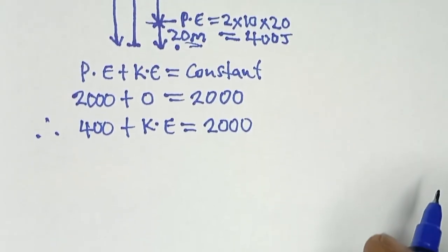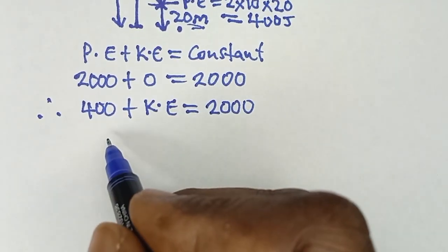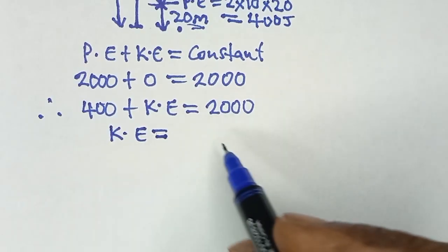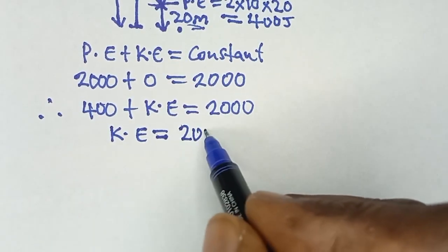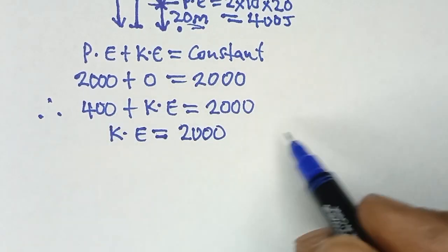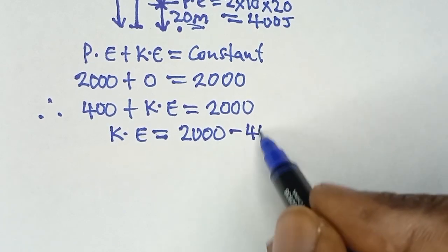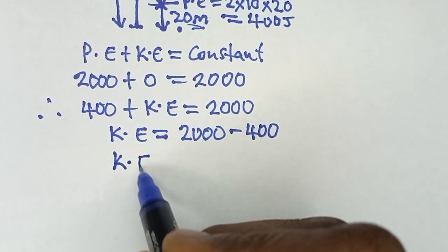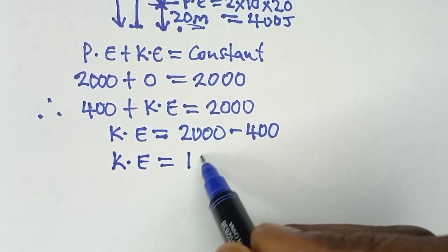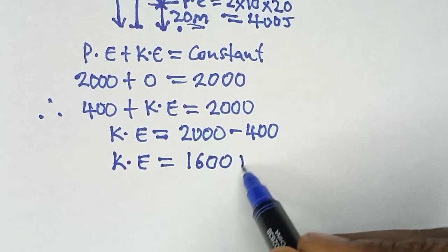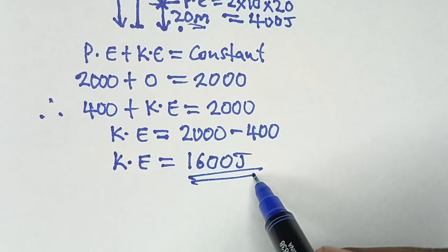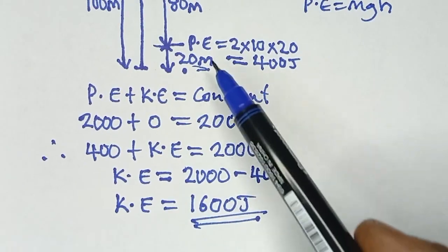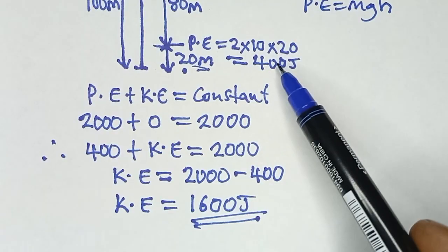So from there now, we can now move on to say KE is equal to 2000. When this plus 400 comes to that, it becomes minus 400. So 2000 minus 400 will give us 1600 joules.